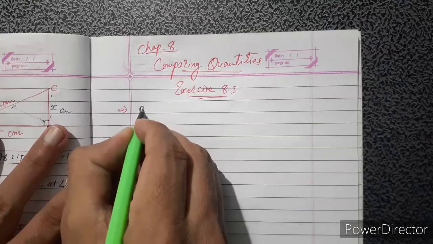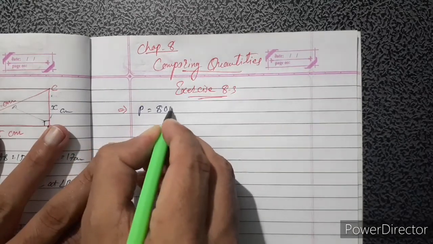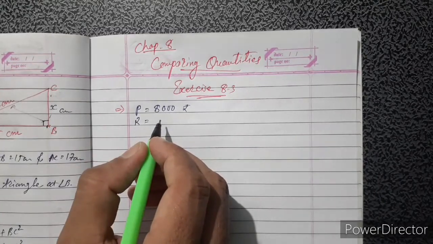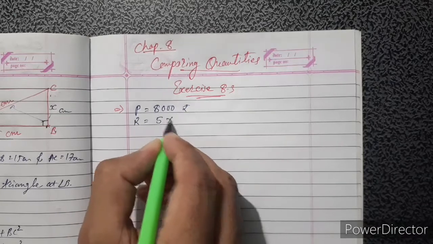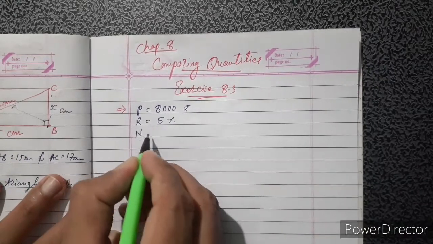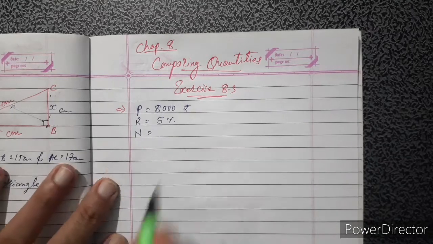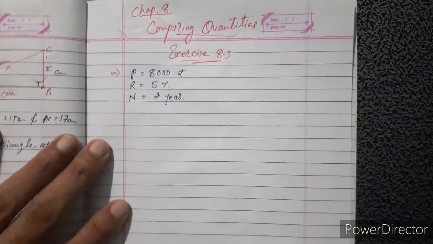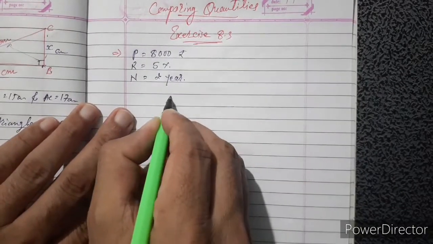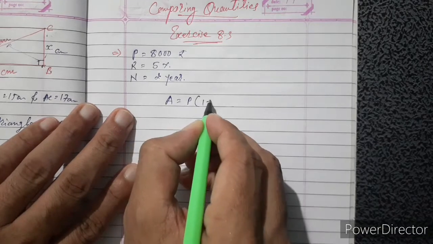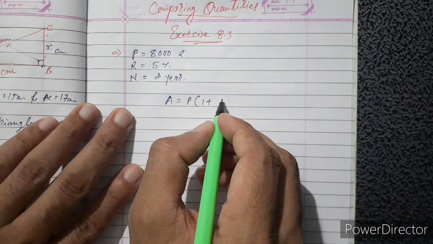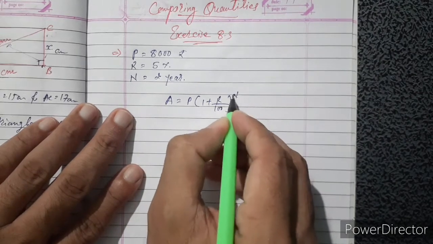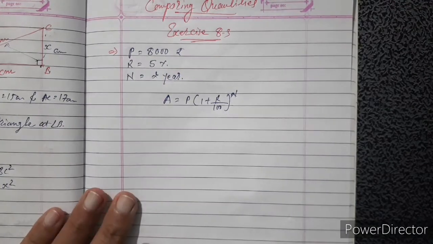First we write down what is given. Here P is given, that is 8,000 rupees, and the rate R is 5%. N equals 2 years for the first question, because we want to find the amount after 2 years. Amount means A, and there is a formula to find A. A equals P into bracket 1 plus R upon 100 raised to N, because here it's compounded yearly.